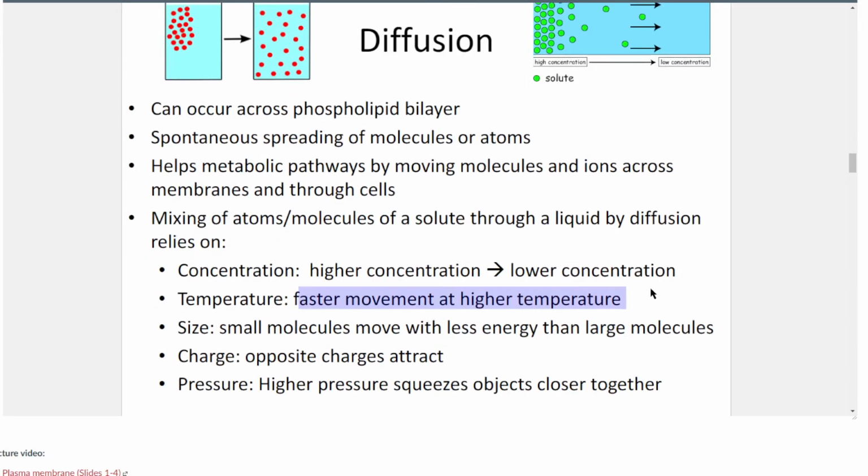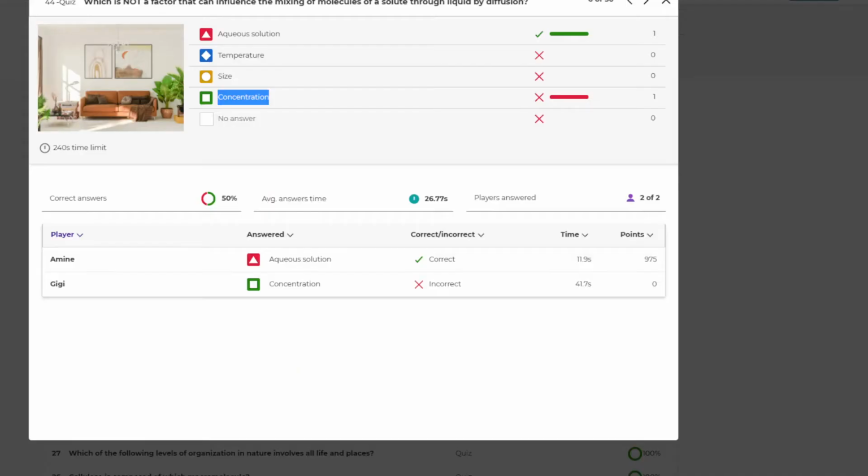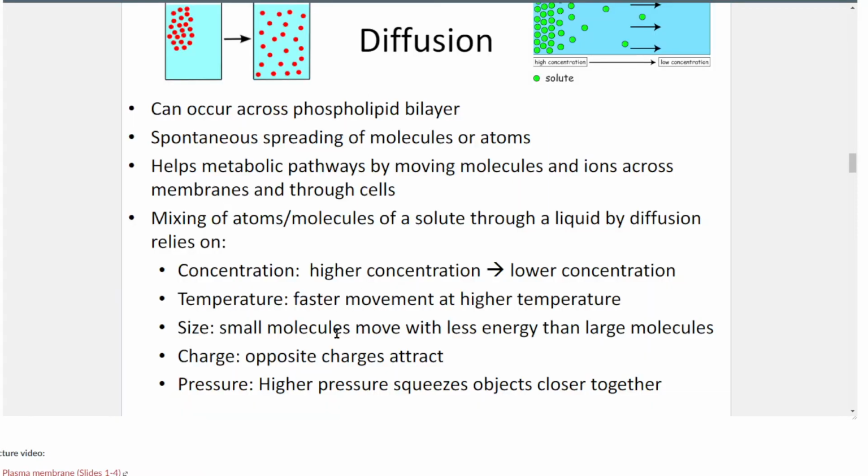Temperature means faster movement at higher temperature. We know molecules move faster at higher temperature. That's why when you heat something, it becomes a gas, because the heat energy is making everything move faster. So temperature does make things go faster, so it's an effect. Size, you can look here. Small molecules move with less energy than large molecules.